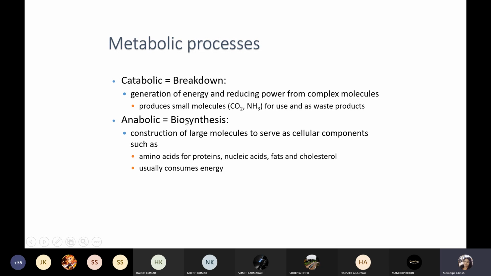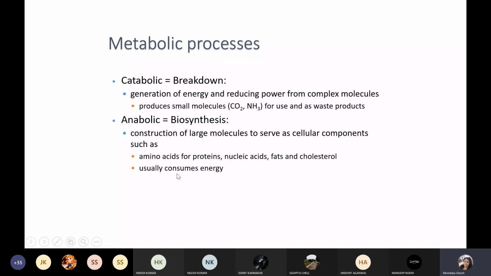In the case of anabolic biosynthesis, what happens? Construction of large molecules to serve as cellular components. It means the complex biomolecules are produced and developed, such as amino acids for proteins, nucleic acids, fats and cholesterol, which usually consume energy.